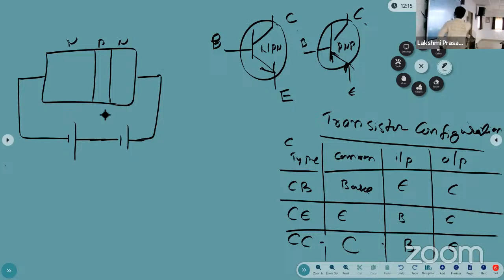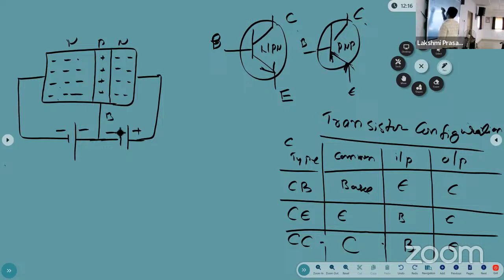Now you can take here the charge electrons, and here also electrons, and here holes. Without applying the supply, battery 1, battery 2, the battery negative, positive, and the common terminal.